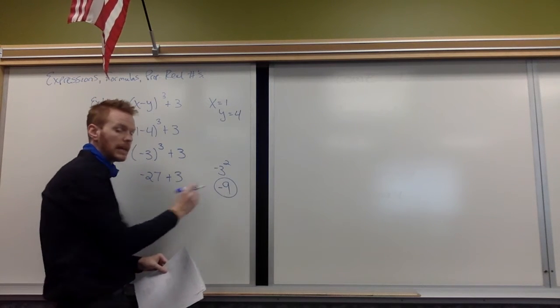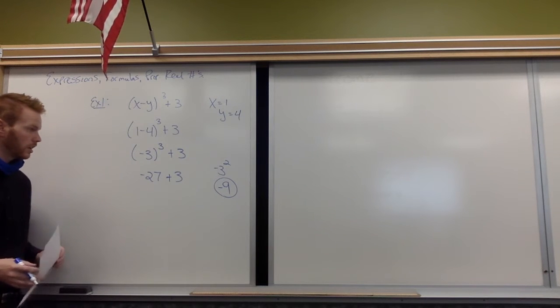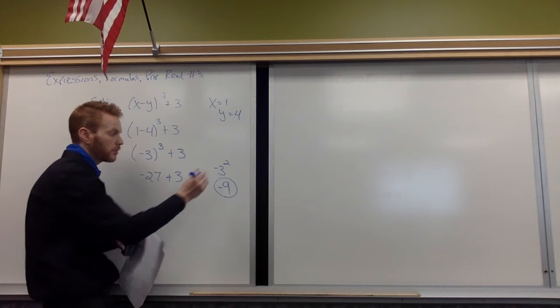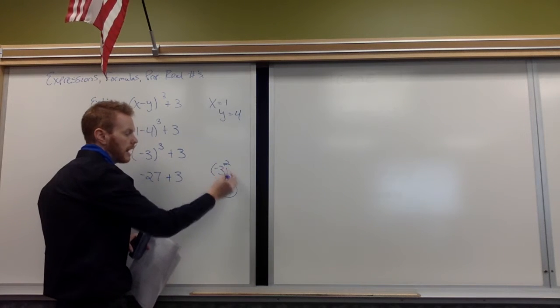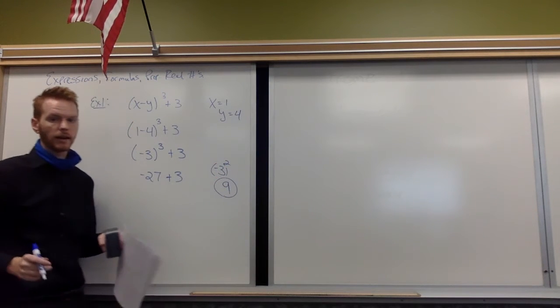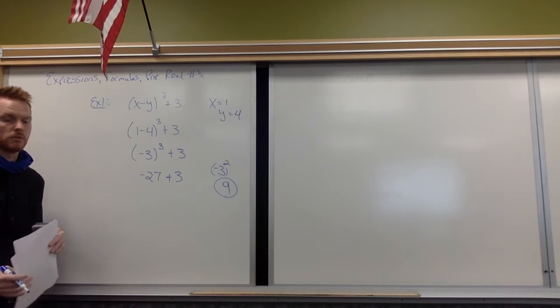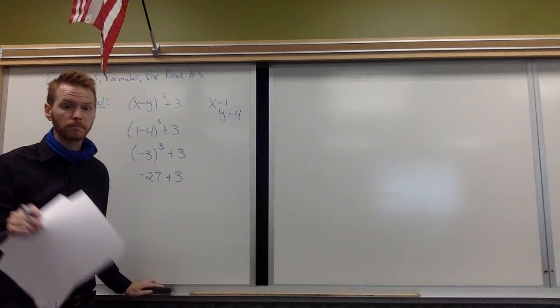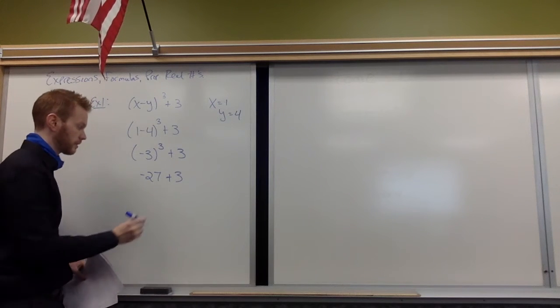This is actually negative 9. If you type it in your calculator, that's what you'll get as well. But if I put the parentheses around it, then yeah, it would be positive because you're keeping that negative each time you go through it. So just a small side note, but I think it's very important that you guys know that.